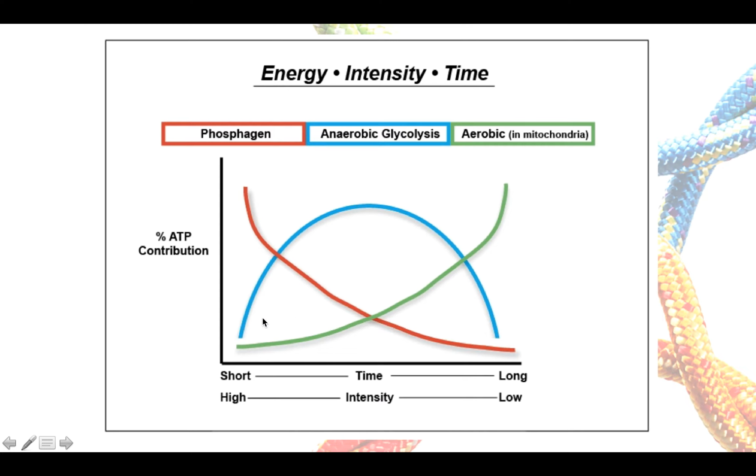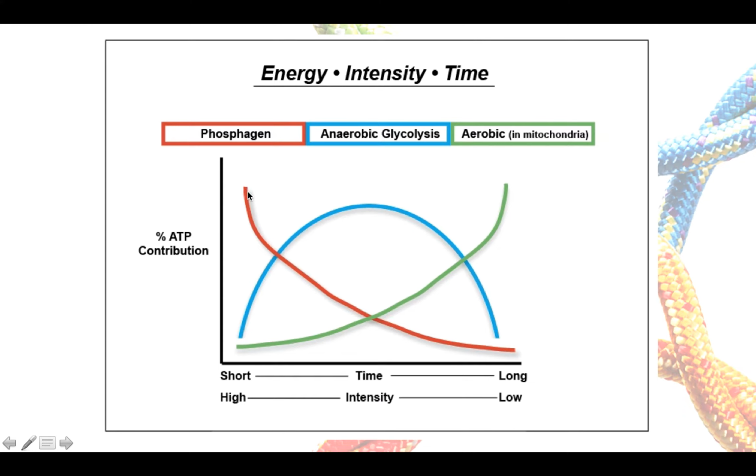Again, another visual for you, pick the one that you're most comfortable with. You can see the ATP contribution, so how much ATP it's likely to use. Phosphate, or that ATP-PC system, runs out really quickly. So it'll give you a high amount of energy at this end, and it won't last very long.